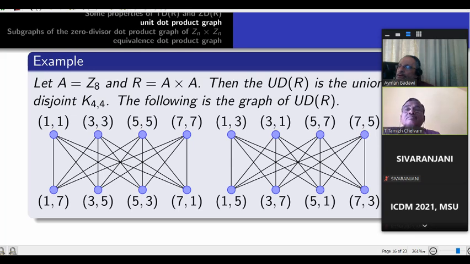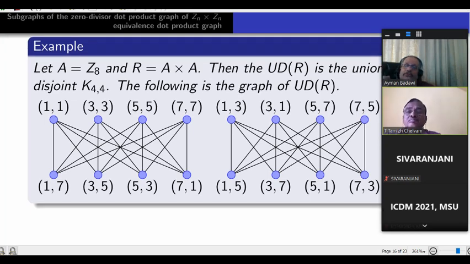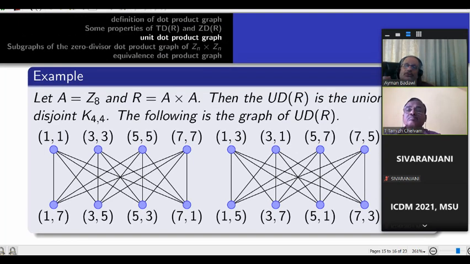But we did not do it as in the total dot product, where my ring A was any commutative ring. So maybe some student would like to investigate or do more on this unit dot product graph.